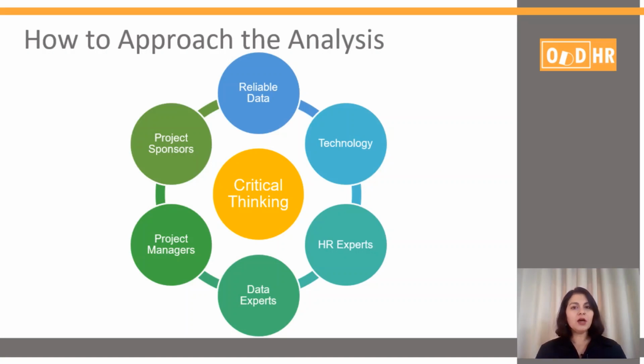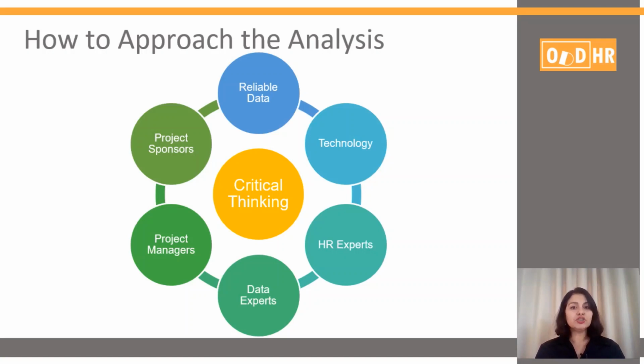So one of the most critical and often actually the hardest bit is reliable data. Data, while we've said you have access to a lot of it, it may not actually be very clean. There may be issues in its accuracy, or there could be that you have certain missing values, which means that you have a lot of data for most of your employees, but you don't have data for some of your employees.